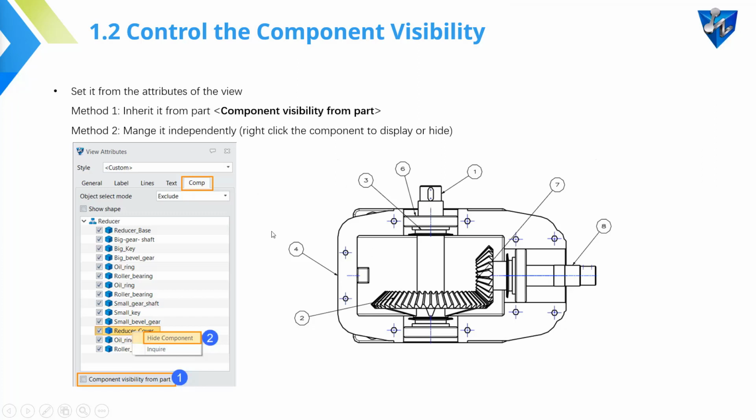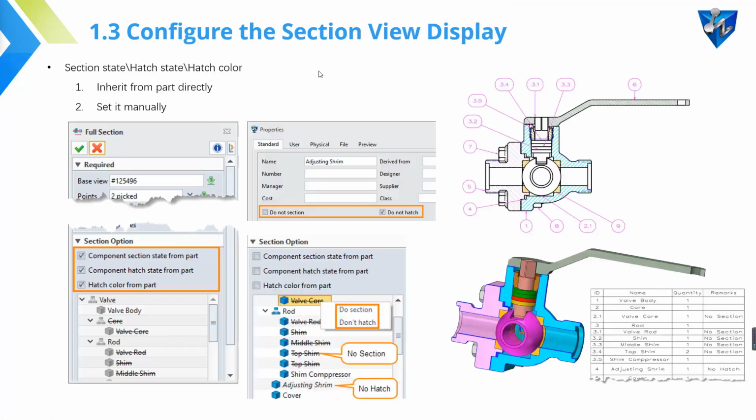So the first thing is how to control the component visibility. There are two ways. One is to inherit from the part directly, and also we can manage it independently, as you can see from here. And also we need to know how to configure the section view display, such as the section state and hatch color.